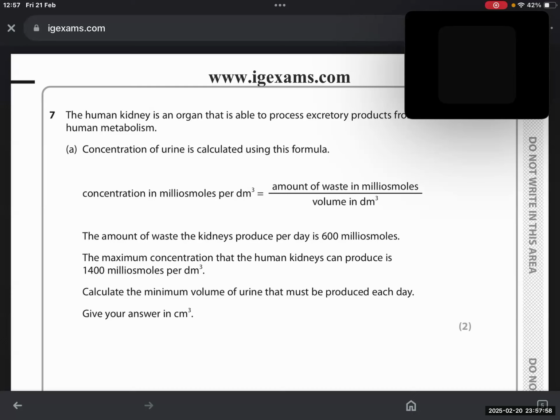I got 42.9. Never mind, that's wrong. Forgot to convert TM into CM.